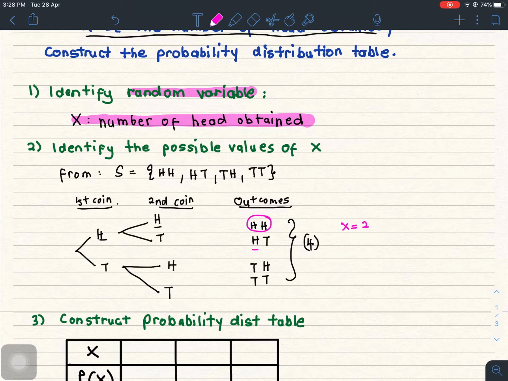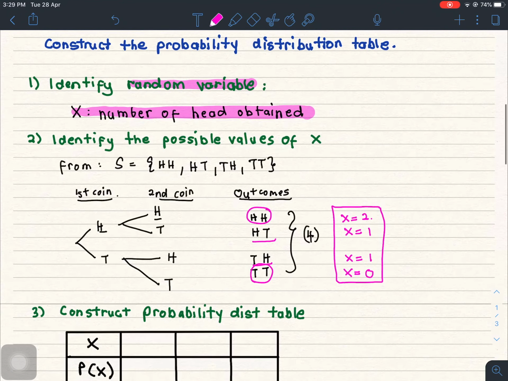For head and tail, your x can be equivalent to 1. For tail and head, your x number of head obtained might be equivalent to 1. And for tail and tail, is there any head? There is no head, so your x would be equivalent to 0 head obtained. So these are the possible value of x. So you might get 0, 1 or 2.